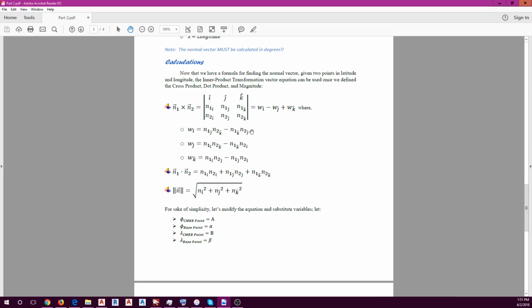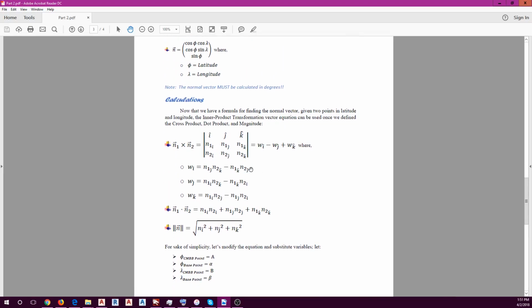You might say, well, where are all these components? Up here. This is the first component. This is the second component. And this is the third component. The first vector, by the way, is your origin point. The second vector is your base point.